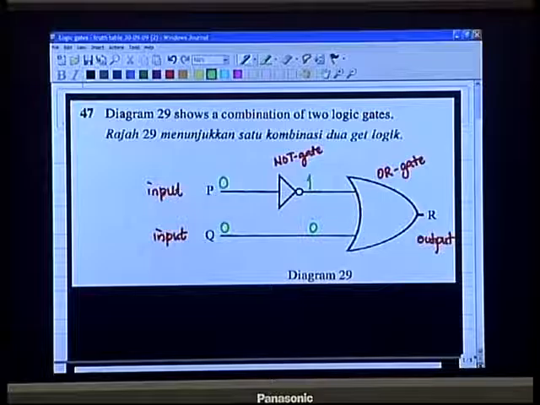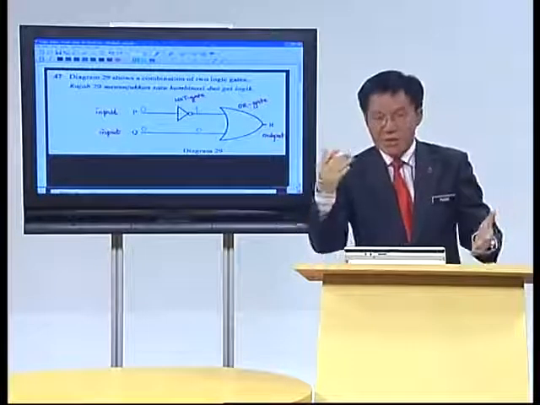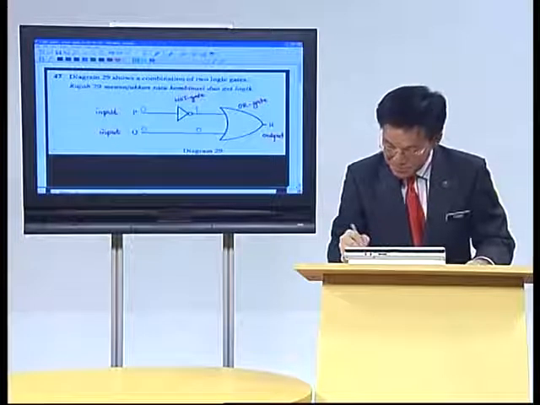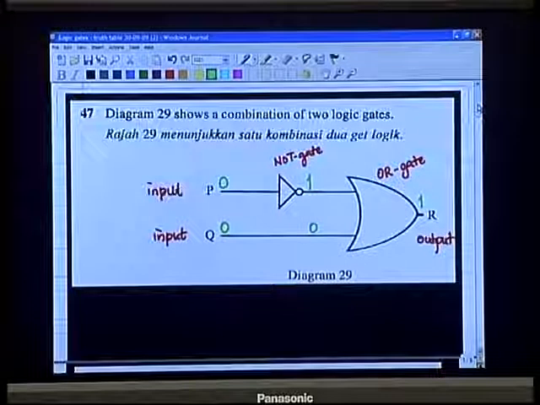I want to write it down in line so that I can follow. Now, 1 and 0 going through an OR gate gives an output of 1, because you have already studied that if it is 1, 0 or 0, 1 for an OR gate, it is 1. So the next one, let's take a look now.